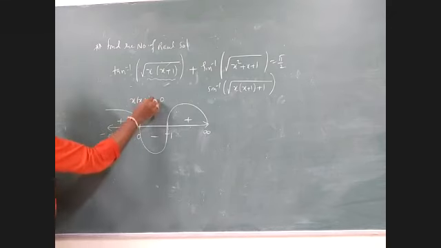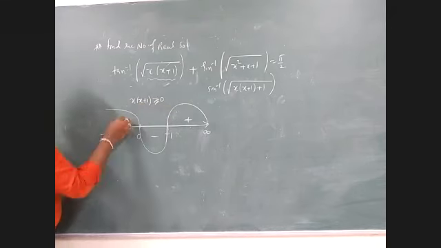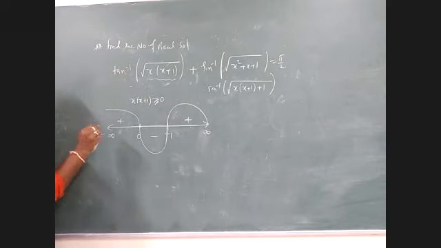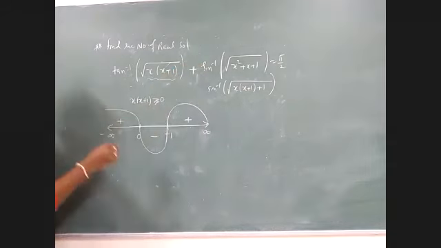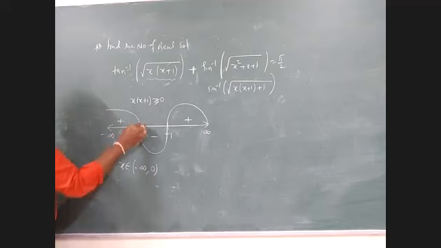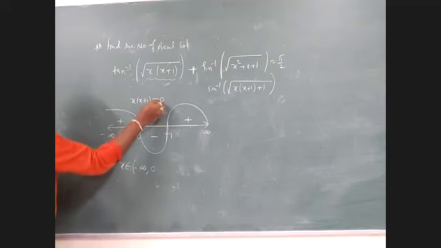Greater than means plus is the solution. So first I am finding the solution of this. X belongs to minus infinity to 0 closed, because the equal to symbol is there.